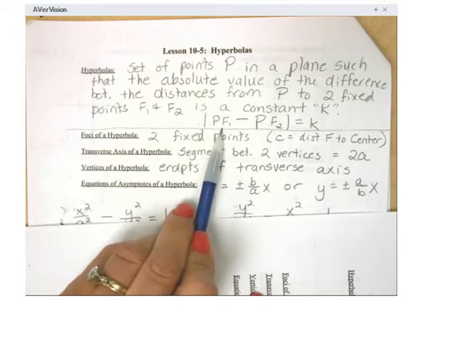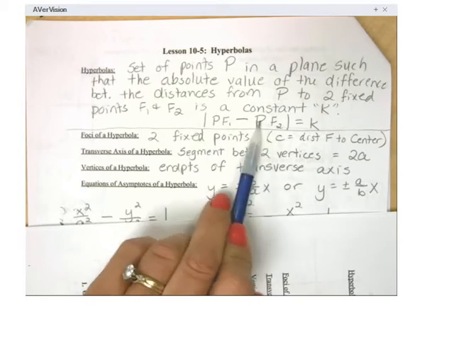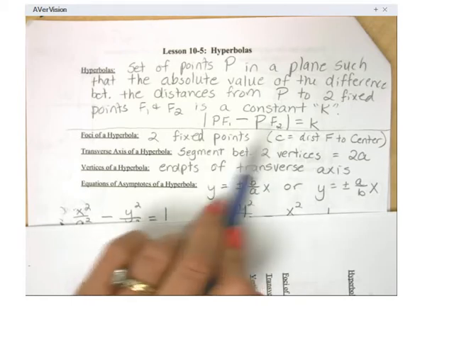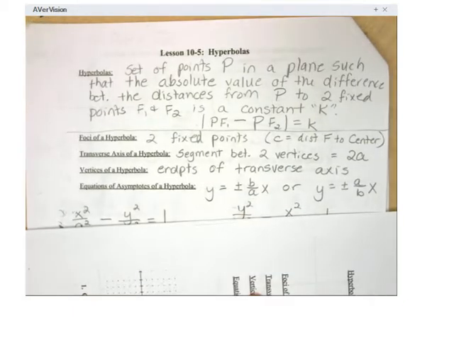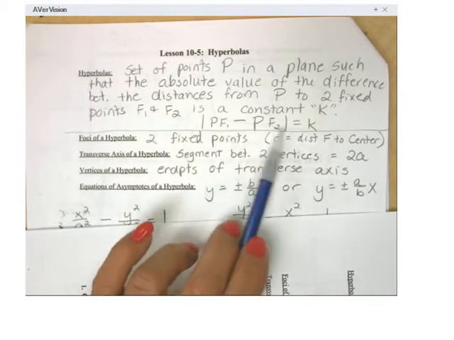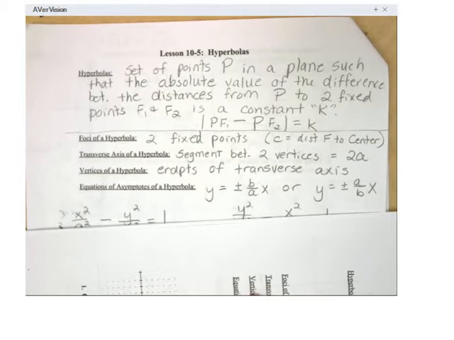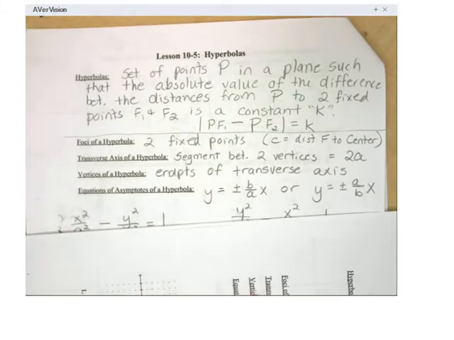So the distance from the point to one focus, find the distance from the point to another focus, the difference between those in absolute value will always be the same value. Remember, with an ellipse, the sum of those ended up being a constant. In our case, we have the absolute difference being a constant. And so we have our two fixed points, the foci.